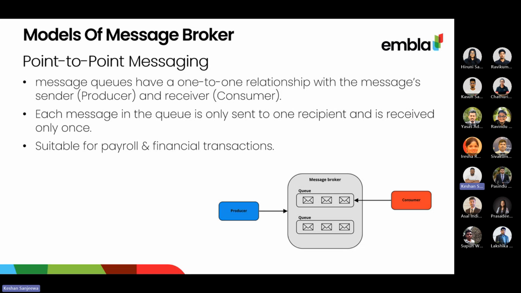Only one consumer consumes a specific message, and once it is processed, it's removed from the queue. Once it is removed, no other consumer will be able to consume this message. This is suitable for payroll and financial transactions.